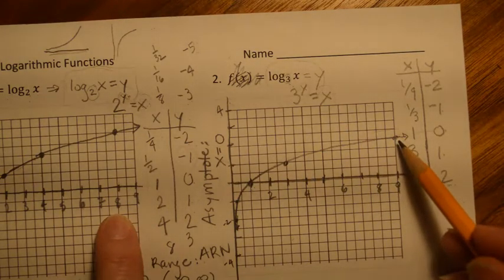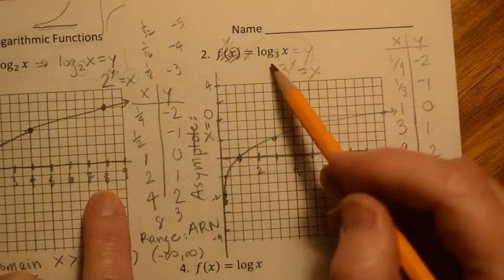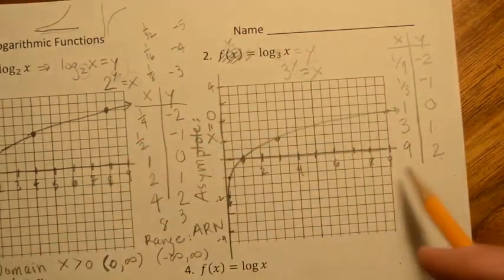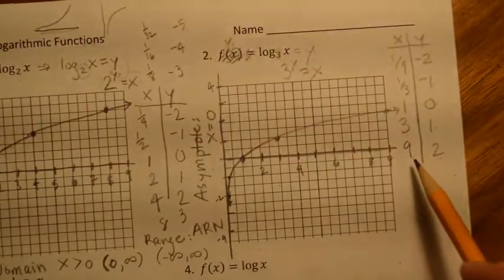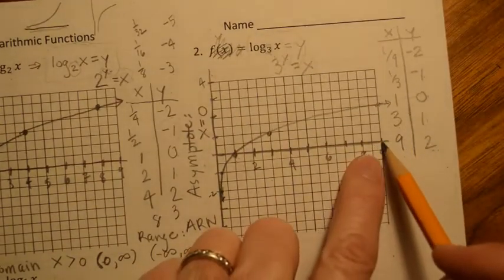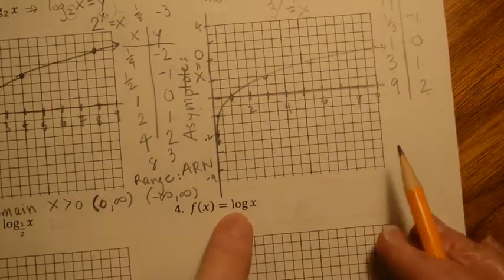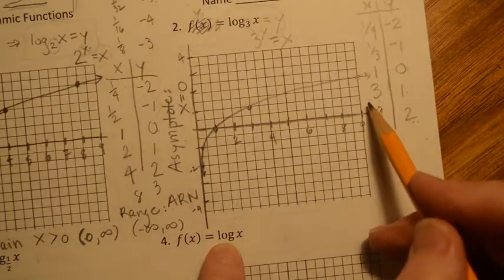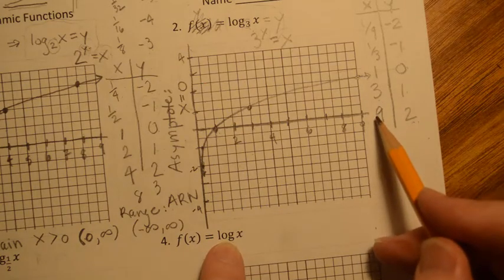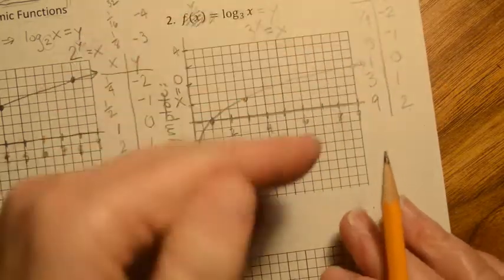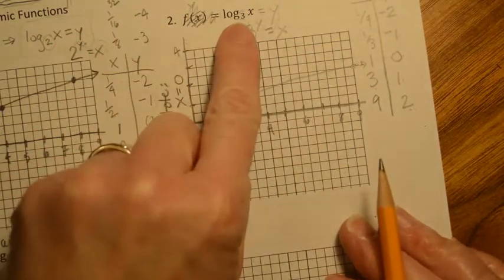And so we're going to find that as we increase the base, it takes fewer and fewer of y as our exponent to get to this value right here. When we get to log base 10 down here, at 10, it's only going to be up at 1. So that value is going to keep decreasing as we increase the base.